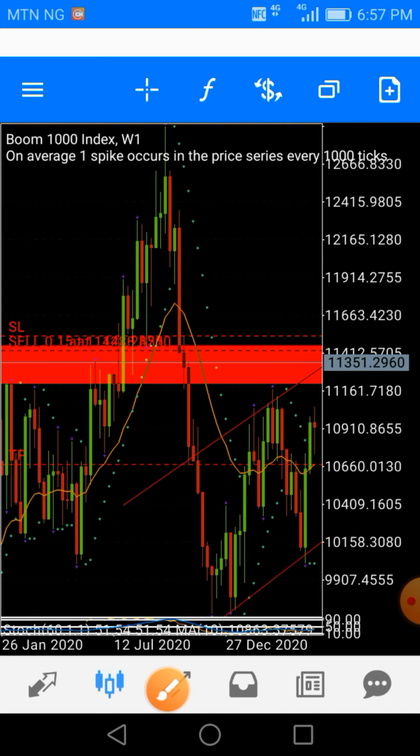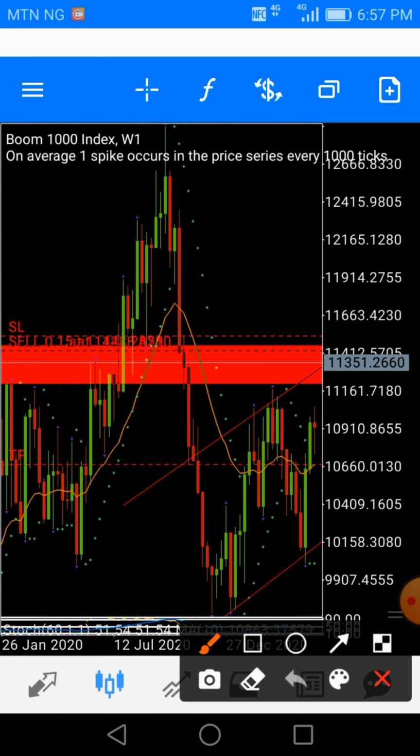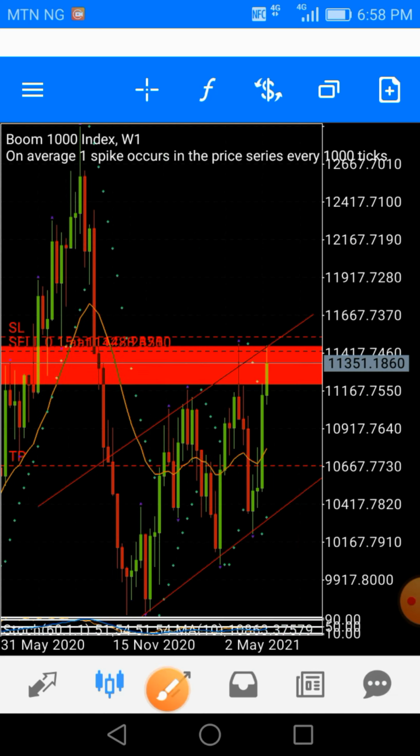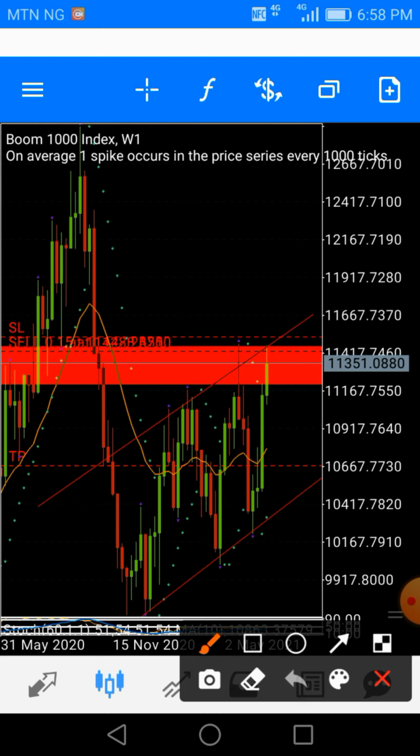Now it ranged somewhere here, before it pushed down. And it came up and price was rejected in the month of May. That is the most recent, it was rejected here.